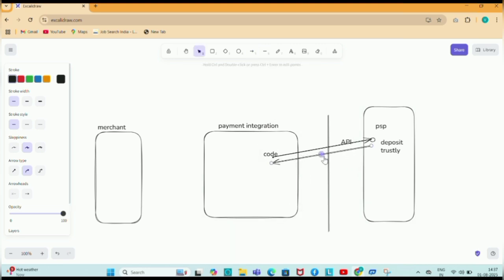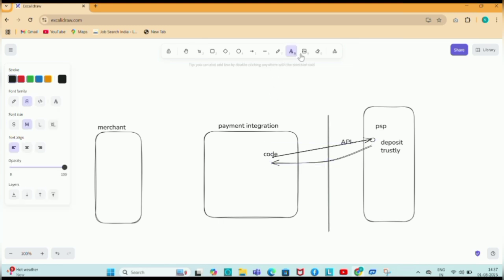The data is the checkout URL and order ID.